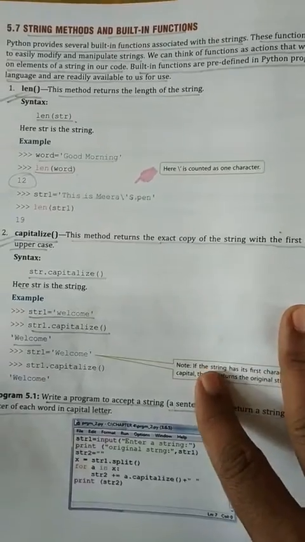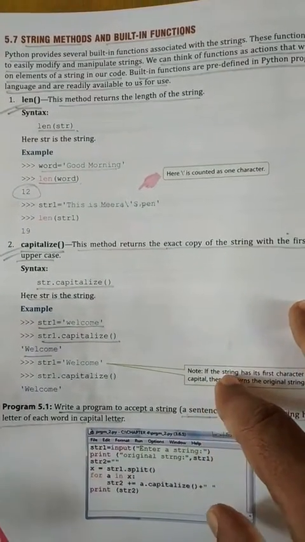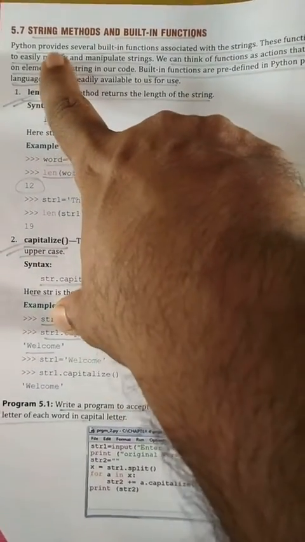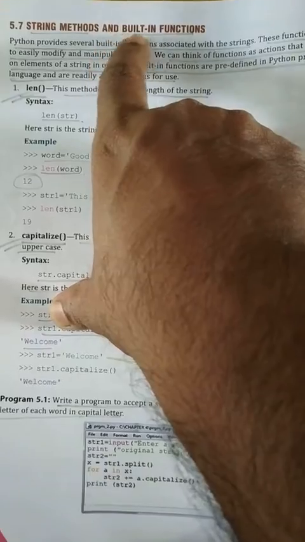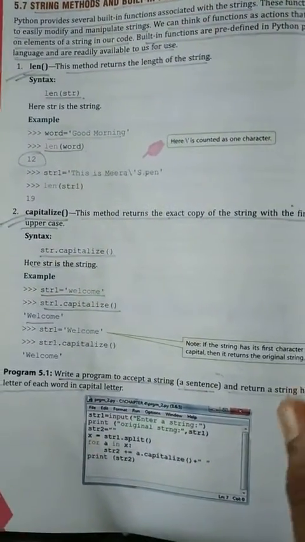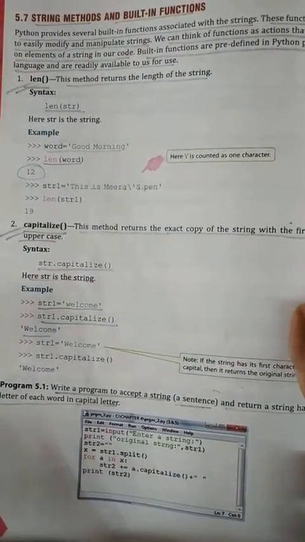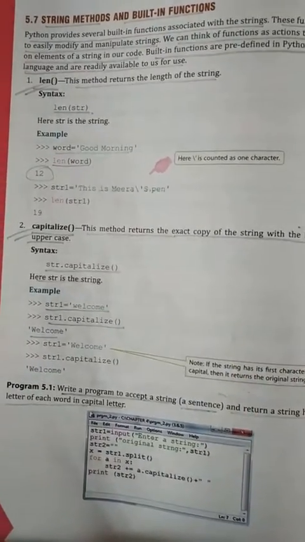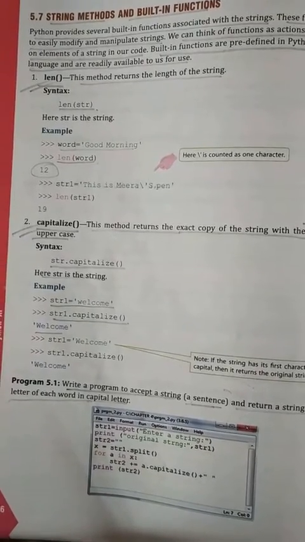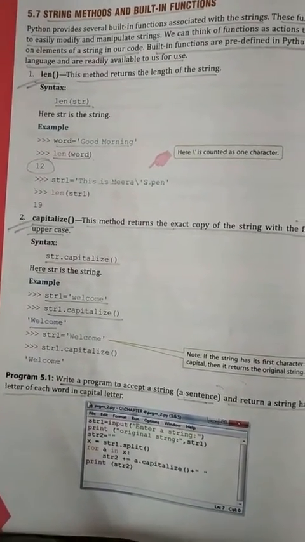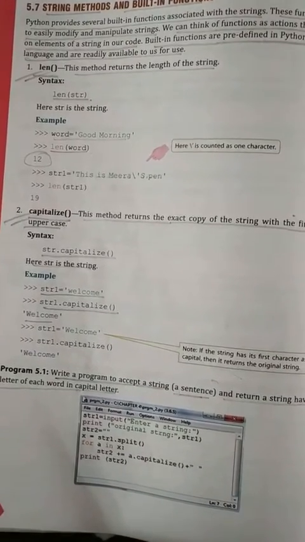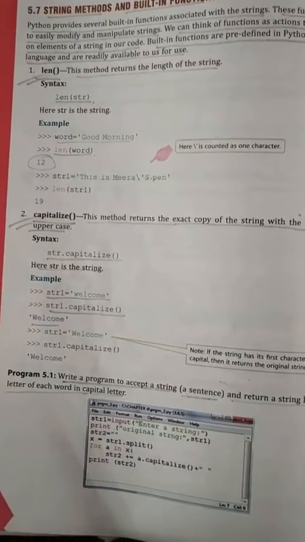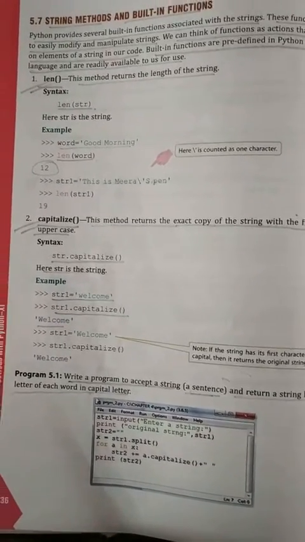So, we were doing the revision of chapter number 5, that is string in Python. In this series, we are going to start this new topic, that is string methods and inbuilt functions. We have already discussed there are two types of functions in Python. First is the user defined function. The user himself can define some functions and call these functions in his program for better execution, reduction of retyping, and saving the time of the programmer.